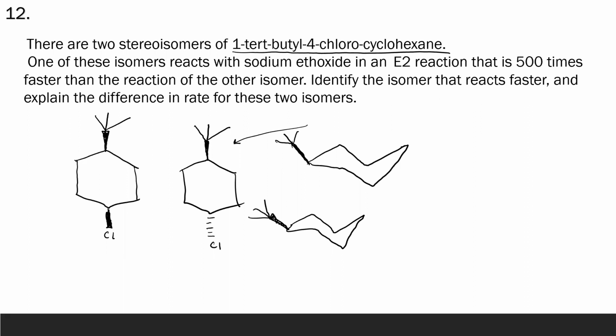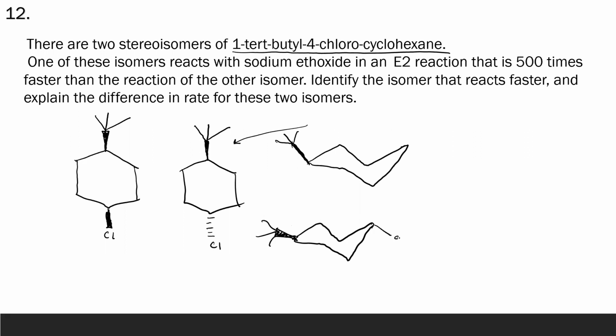Sorry, these are hard to draw. Okay, so we have the tert-butyl group in the same spot. The question is, where's our chlorine?